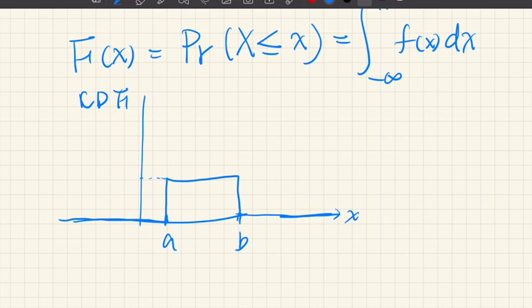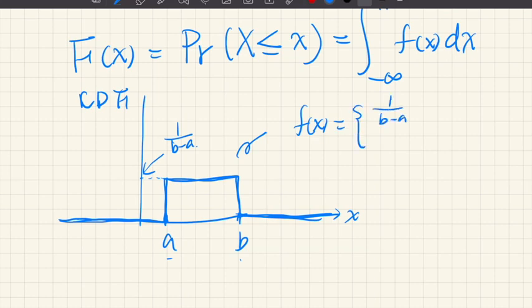Okay, so this value is 1 over b minus a. So this is an example of a density function. This is a uniform distribution between a and b. So this function is 1 over b minus a if x is between a and b. Otherwise, it's 0.